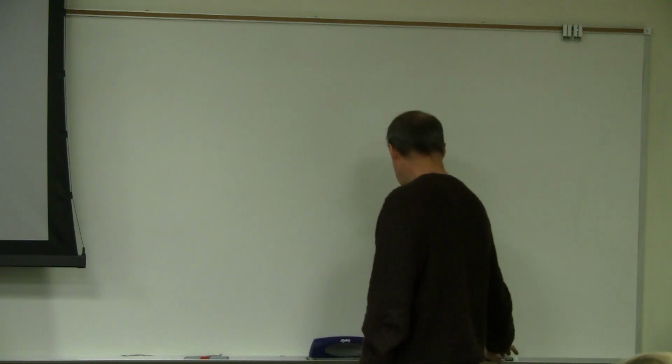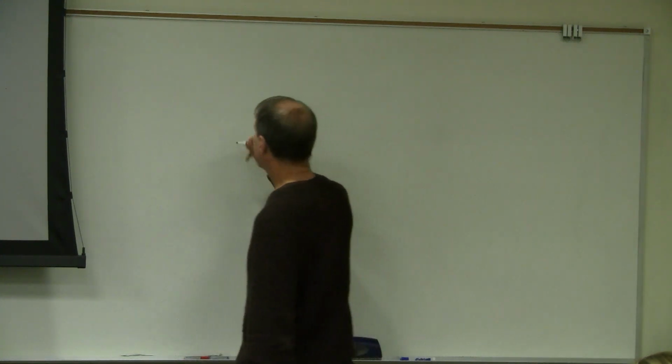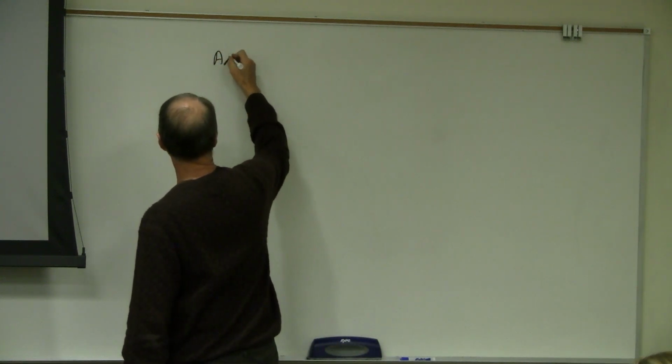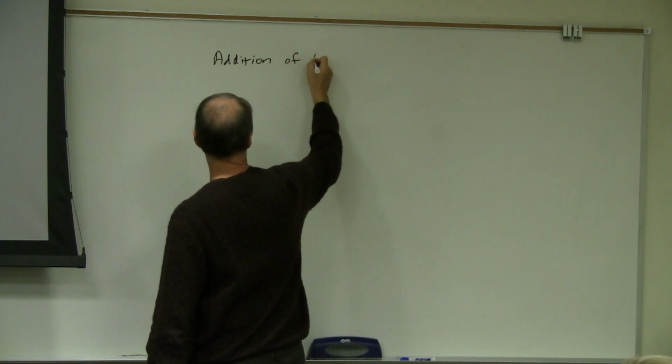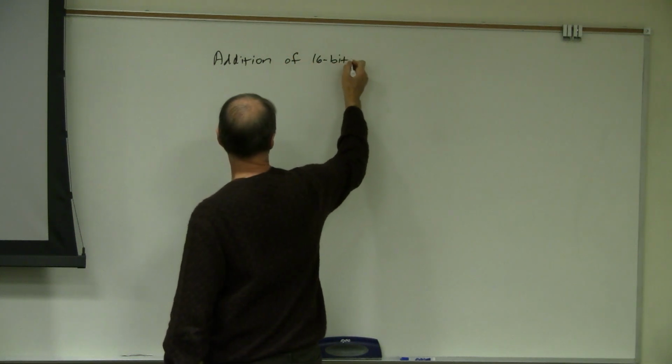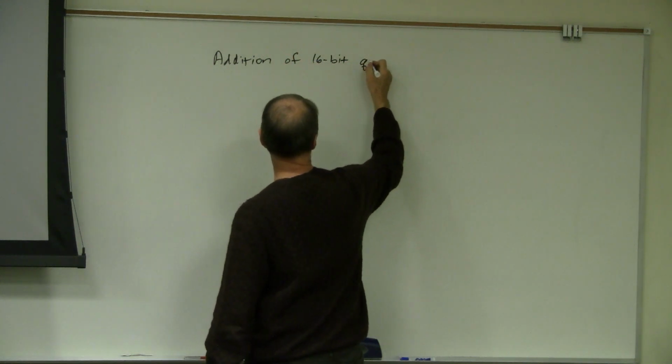Well, let's go back to our table. So now tell me, how would you add two numbers? Here, addition of 16-bit quantities.